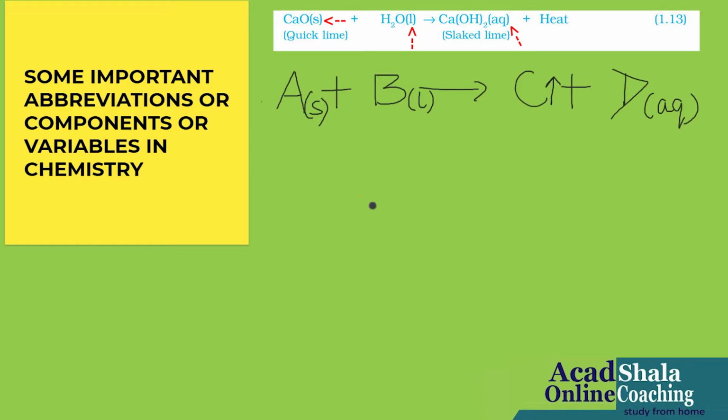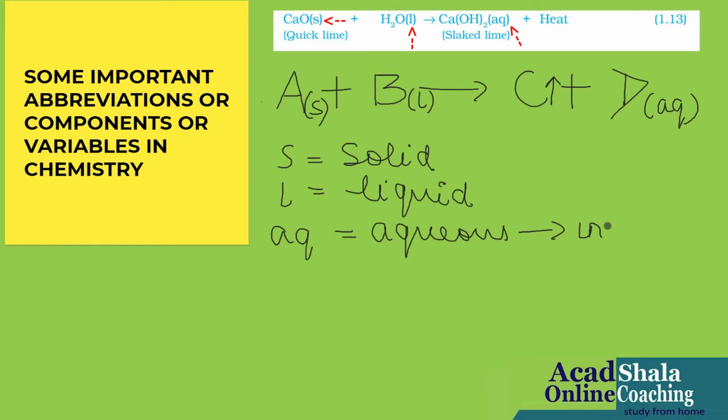Now, when you see in the bracket in any of the chemical equations these components or variables or abbreviations, it means that this S stands for, you can remember, solid. This L stands for liquid. This AQ stands for aqueous, and aqueous means in water.